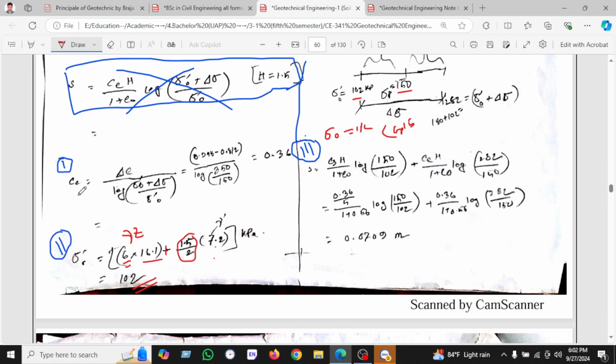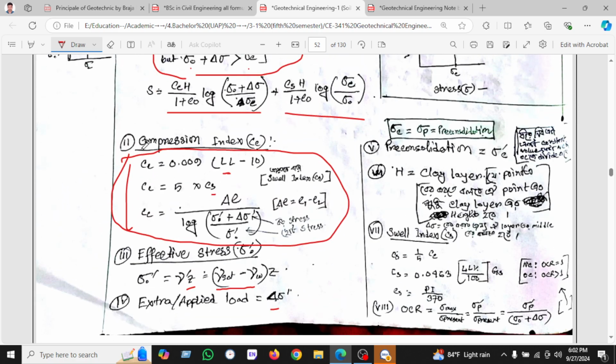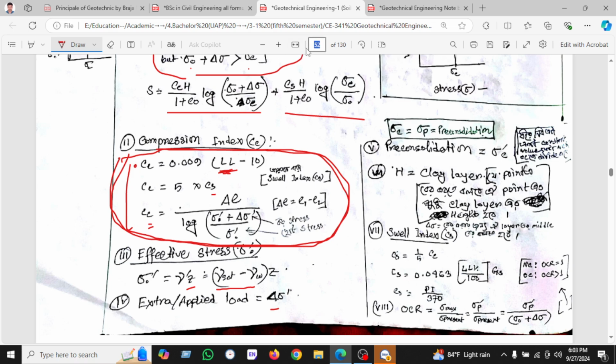Before going to this, we have to calculate Cc. We know the formula of Cc is here. We can use three formulas for getting the Cc. There is no information on the liquid limit, so we will not use that one, but we will use this formula for getting Cc equal to delta e divided by log of sigma naught plus delta sigma divided by sigma naught.